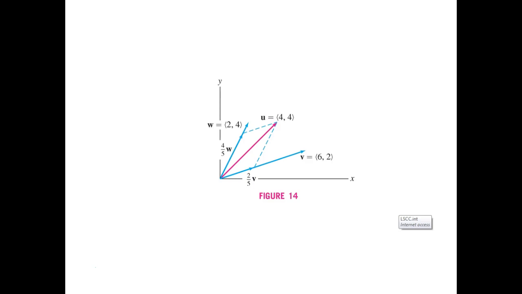Basically, what you would do is exactly this. RV plus SW is equal to 4, 4. That's what you do. That gives you two equations, two unknowns. 6R plus 2S is equal to 4, and 2R plus 4S is equal to 4.